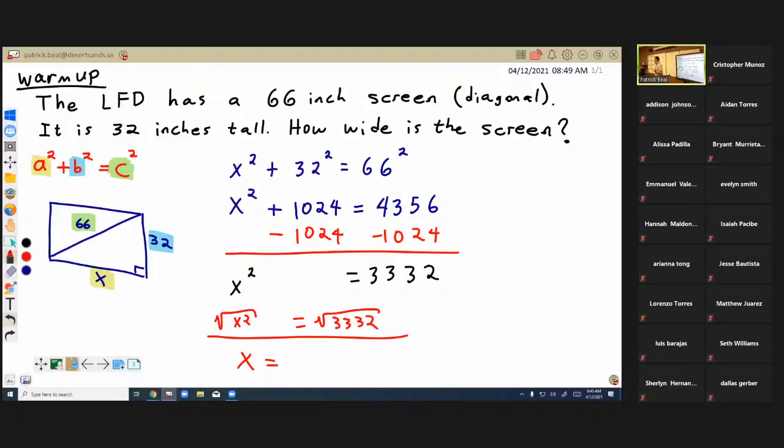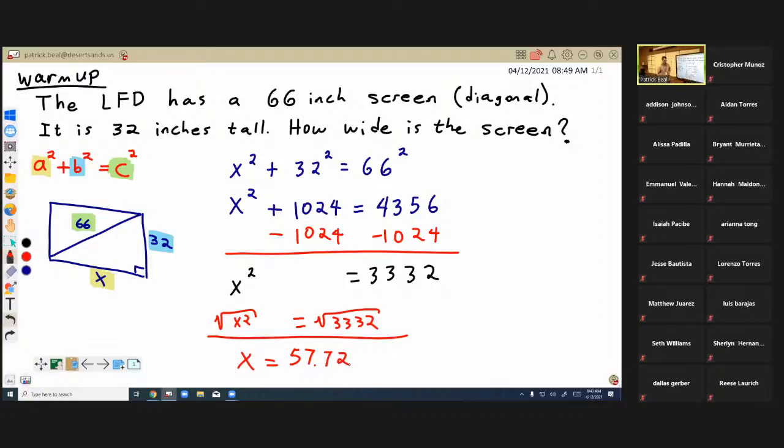That's definitely a calculator question. It's not a mental math question. What is the square root of 3,332? Yes? Rounded or not rounded? Let's go to two places, and then we'll round it together. What is it just to two places? 57.72.